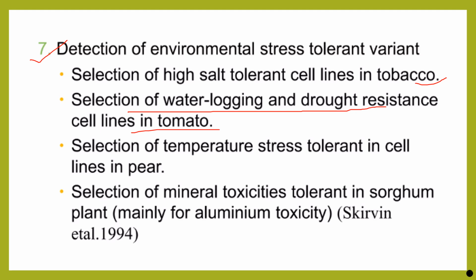Another example is making a rice variety which is resistant to drought. Normally rice needs a lot of water to grow, so we are making a variety where rice would not need so much water, right? Now selection of temperature stress tolerant cell lines in pear. Selection of mineral toxicity tolerance in sorghum plant, mainly for aluminium toxicity.